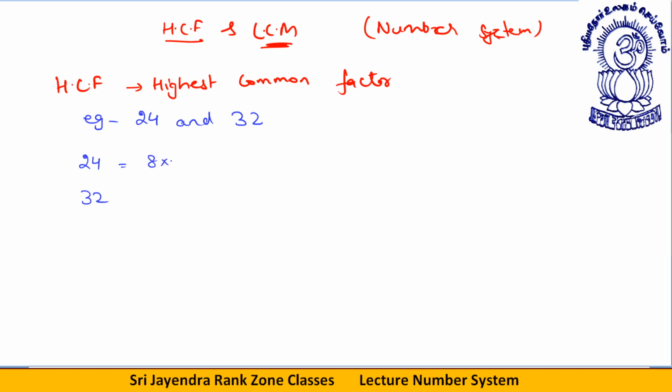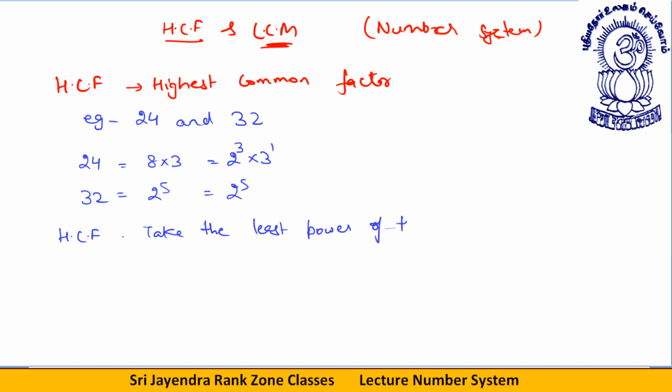24 is 8 into 3, or I can say 2 cube into 3 raised to power 1. Then 32 is 2 raised to power 5. Now, HCF is what? HCF means take the least power of the prime factors.